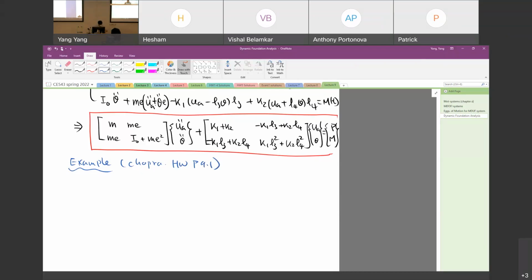We need to formulate the equation of motion for a system where a uniform rigid bar of total mass M is supported by two springs, K1, K2, at the ends and subjected to dynamic forces as shown in the picture.